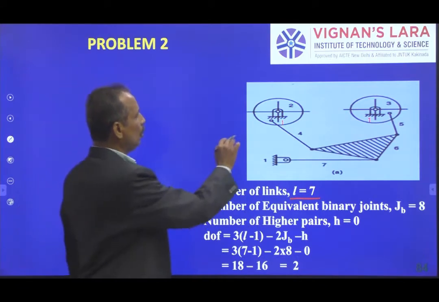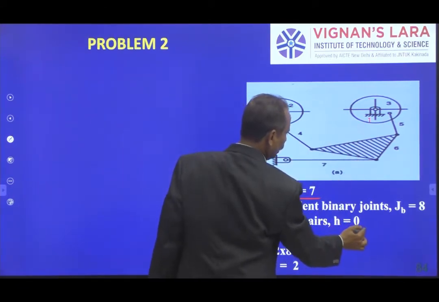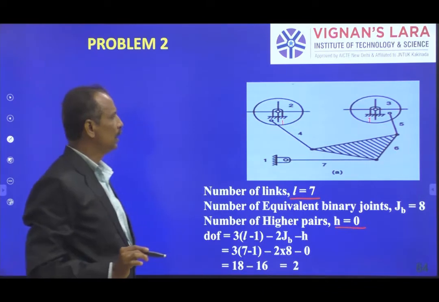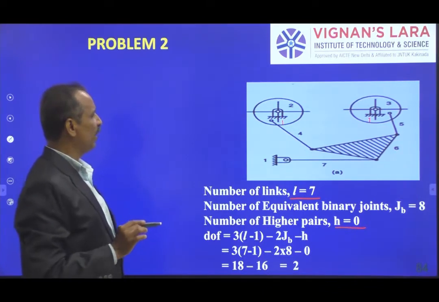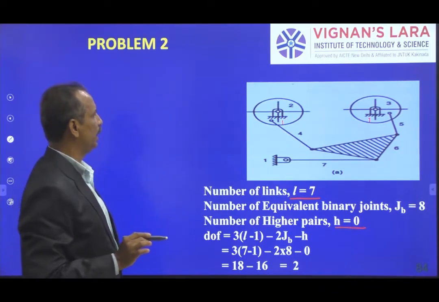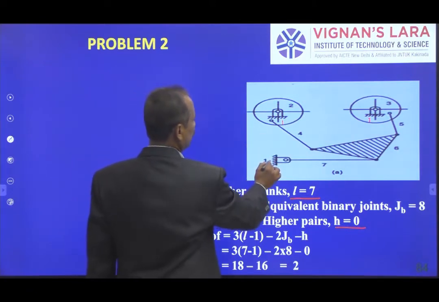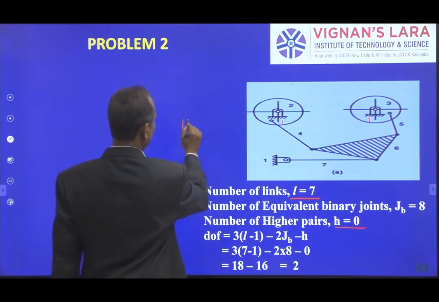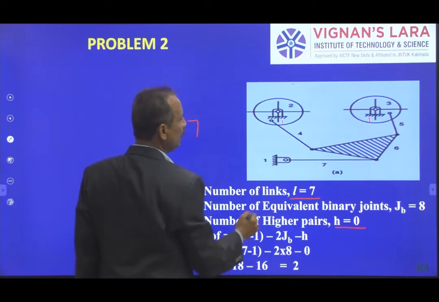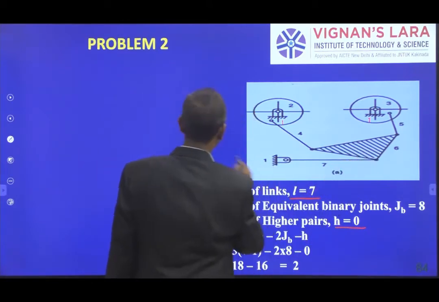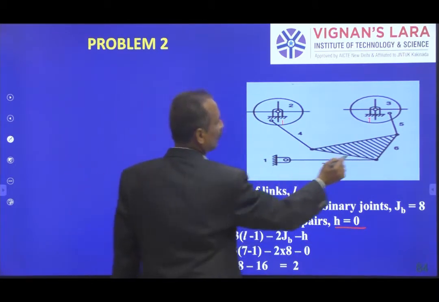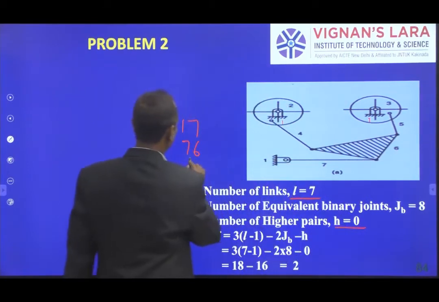Then there is no higher pair in this mechanism. H is equal to 0. Then come to finding the binary pairs. How many of them are here? Let us come to here. 1, 7. Okay. Then 7, 6. Then 6, 5.